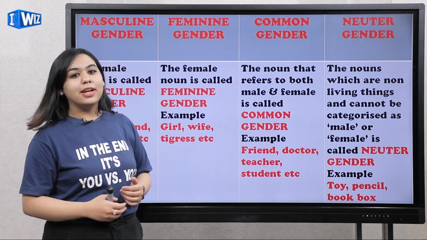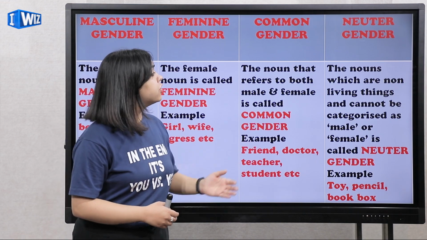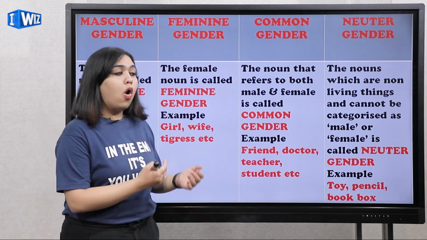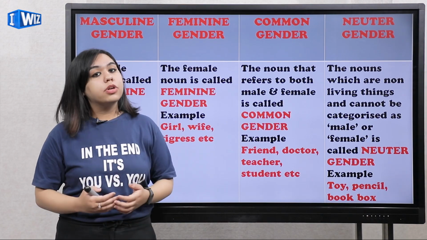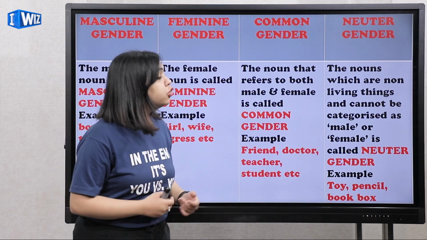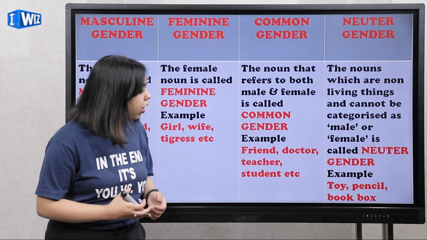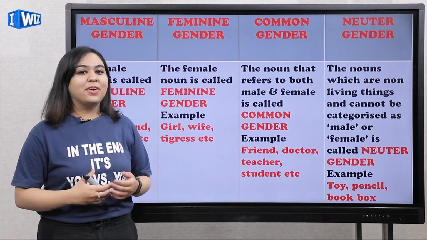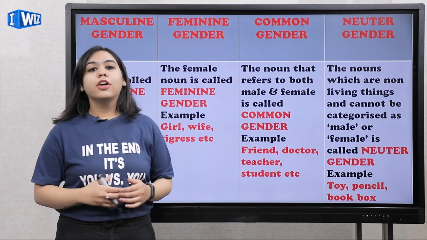Okay, so let's read. The nouns which are non-living things and cannot be categorized as male or female are called neuter gender. For example, toy, pencil, book, or you can say a box, lunch box. Okay, so these are some examples of neuter gender.